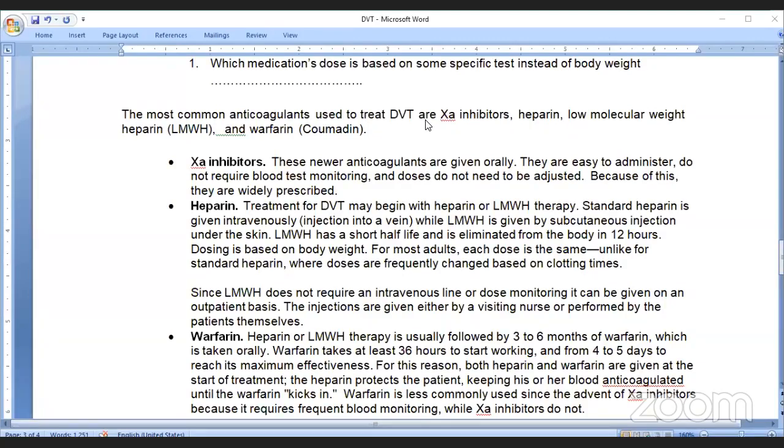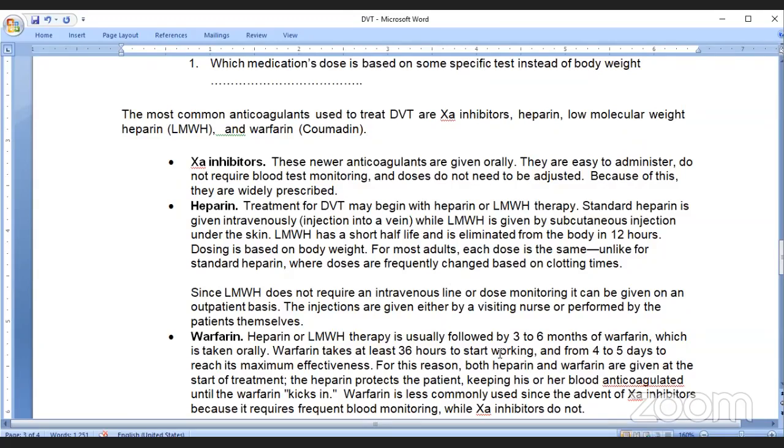Okay, so let us read here. Heparin or low molecular weight heparin is usually followed by 3 to 6 months of warfarin, which is taken orally. Nothing is mentioned about what we are looking for.